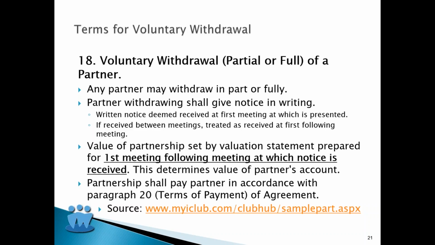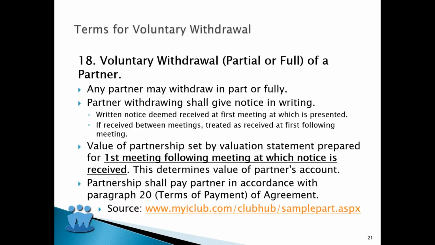And so now the next point is, how is that person's interest in the club valued? What's the policy by which it's valued? So we've got meeting number 1. The letter is presented to the club. The terms here say that the next meeting is the meeting by which the membership is valued.